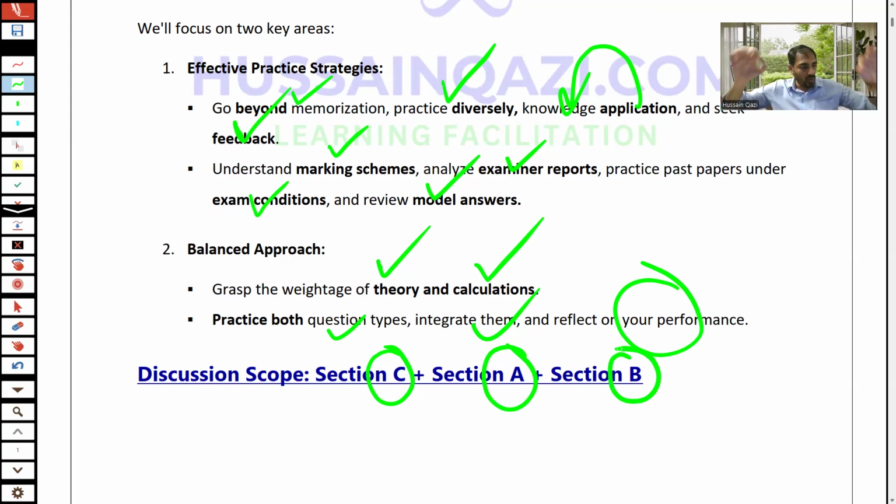Source material: the most recent resource available from ACCA, that's the March June 24 CRQ questions, and number 2, the March June 24 section A and section B type questions from the examiner report. So I will use the most recent resource available from the ACCA.